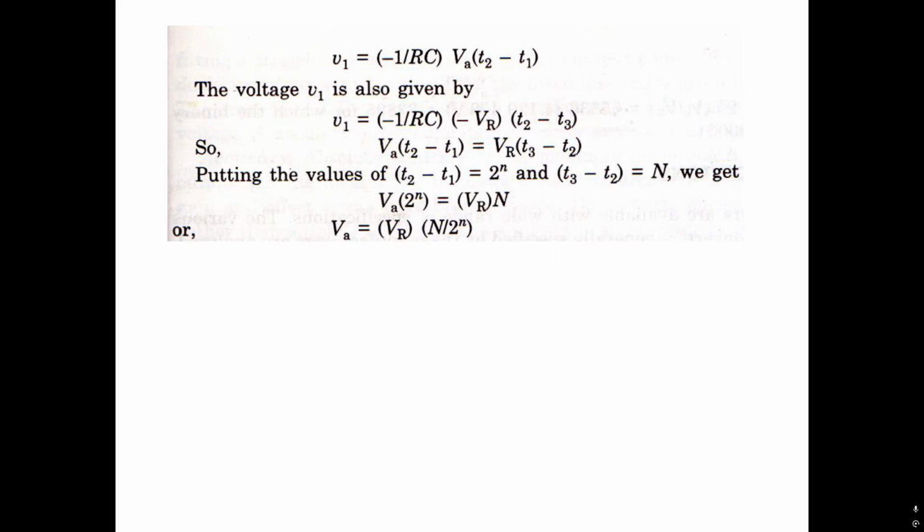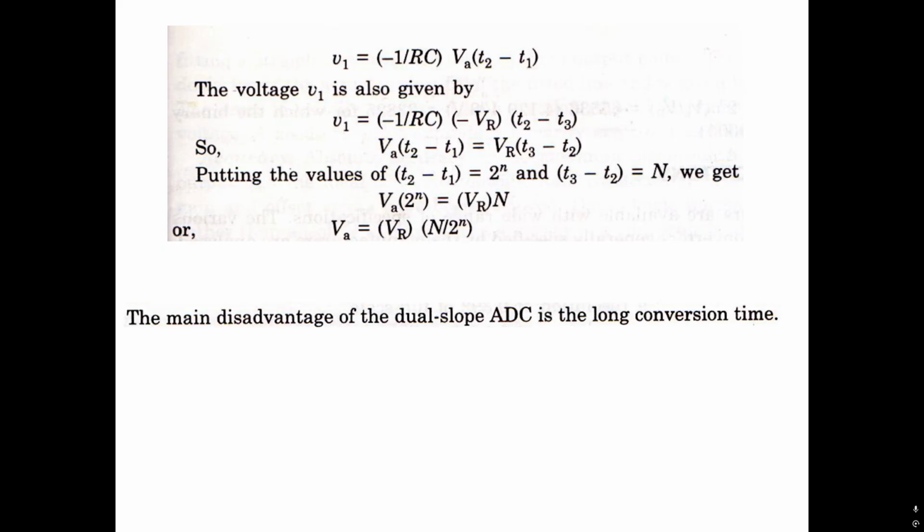So VA into T2 minus T1 equal to VR into T3 minus T2. Putting the values of T2 minus T1 equal to 2 power n and T3 minus T2 equal to n, we get VA of 2 power n equal to VR of n. So from this, when we simplify, VA equal to VR into n by 2 power n.